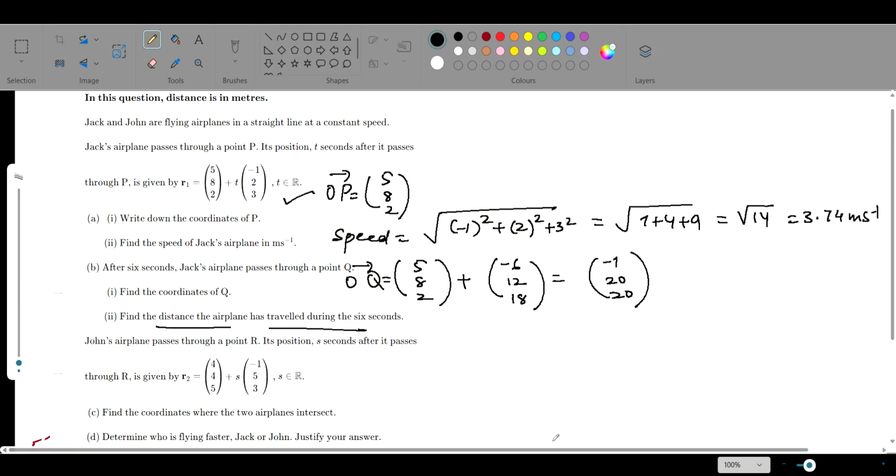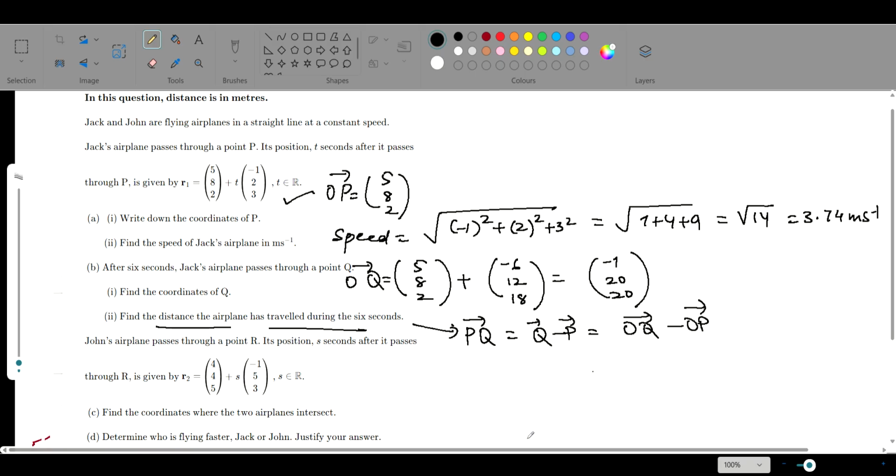Find the distance the airplane has traveled during the 6 seconds. So distance again we have to find. The distance is from P to Q, right? And P to Q means Q minus P. That's how we find these things, right?